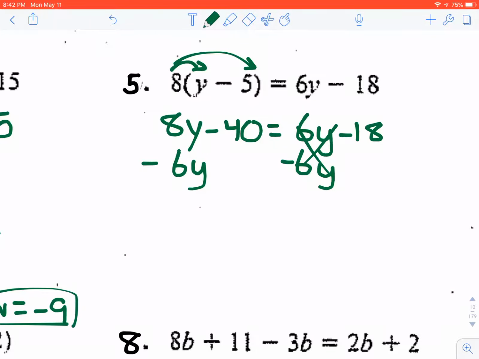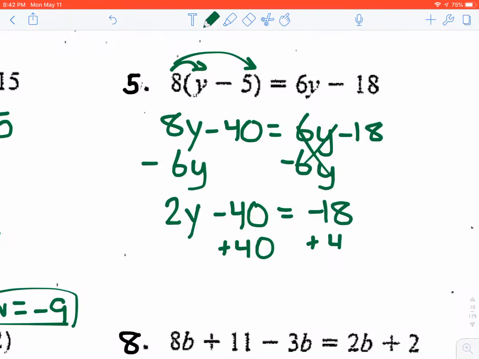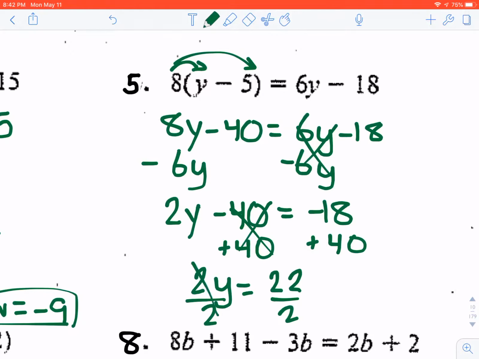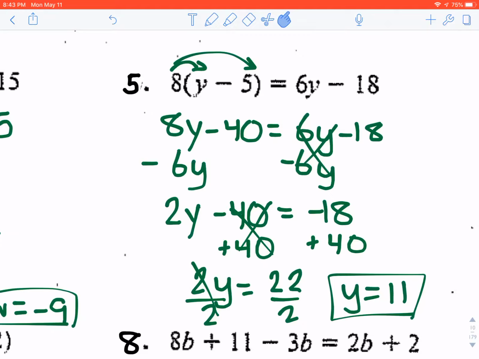So subtract 6y on both sides. So we get 2y minus 40 equals negative 18. You're then going to add 40 to both sides. So you get 2y equals positive 22. Divide by 2. So your answer for 5 is y equals 11.